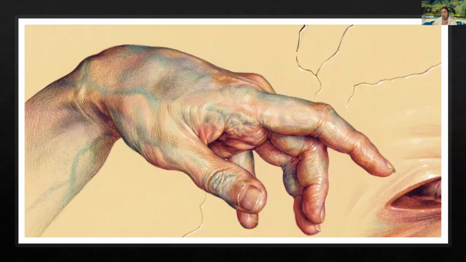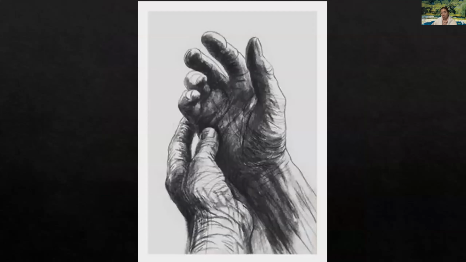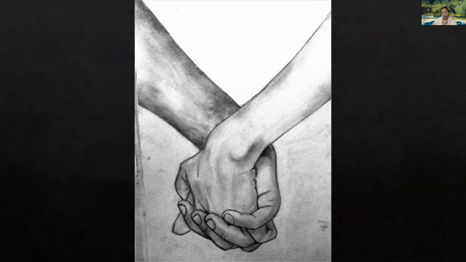And this is a color pencil drawing. It shows motion, grandeur, and contrast. And these hand drawings show emotion, motion, and contrast. And this hand drawing shows grandeur and contrast. I love it. This hand drawing shows motion and emotion.